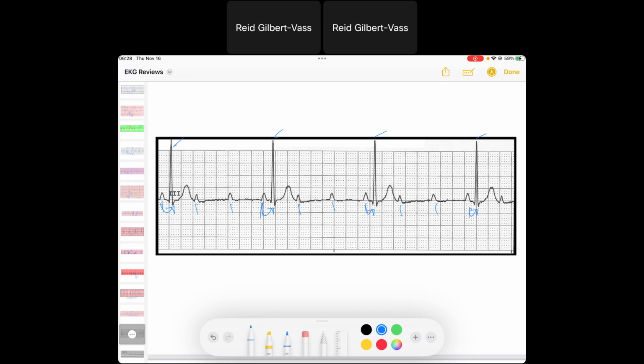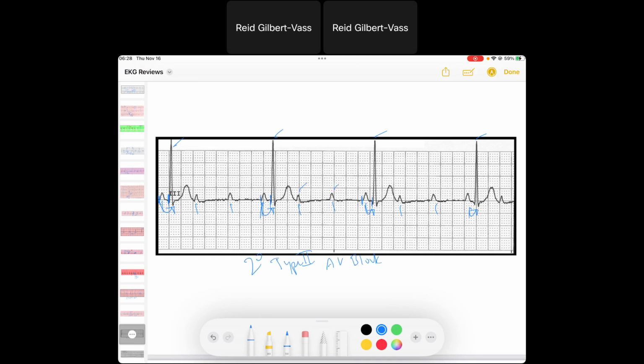So this is a tricky rhythm in that each of these P waves is conducting to a QRS in a normal PR interval, and then you have drop, drop. So this could theoretically be a second degree type 2 AV block.